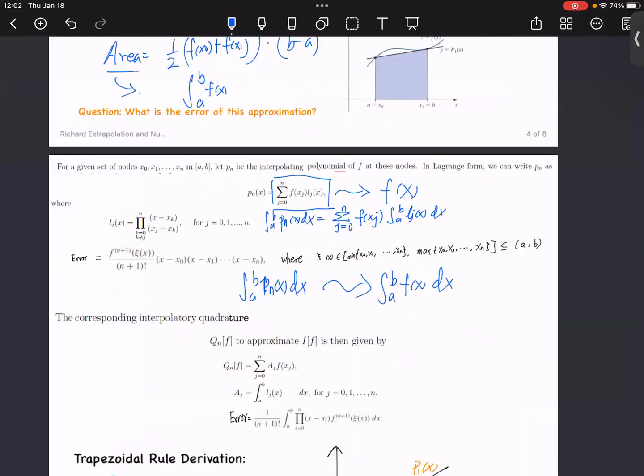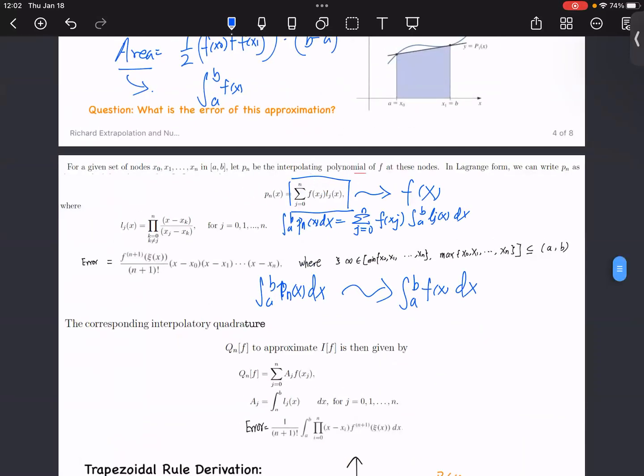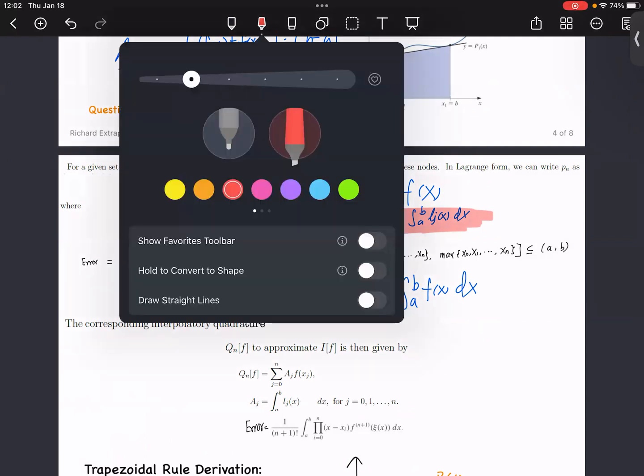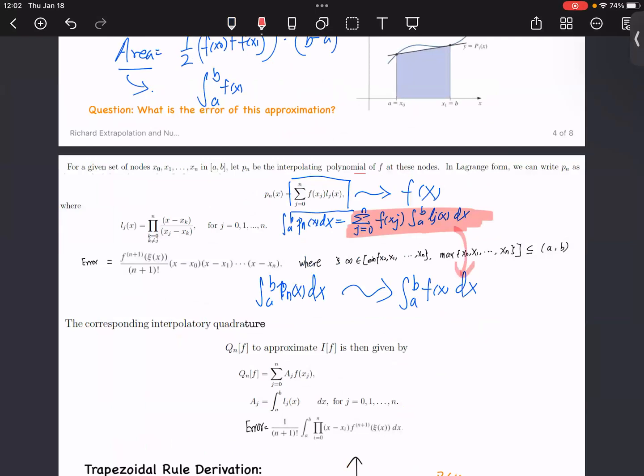And now you get the approximation for the integral of f(x).